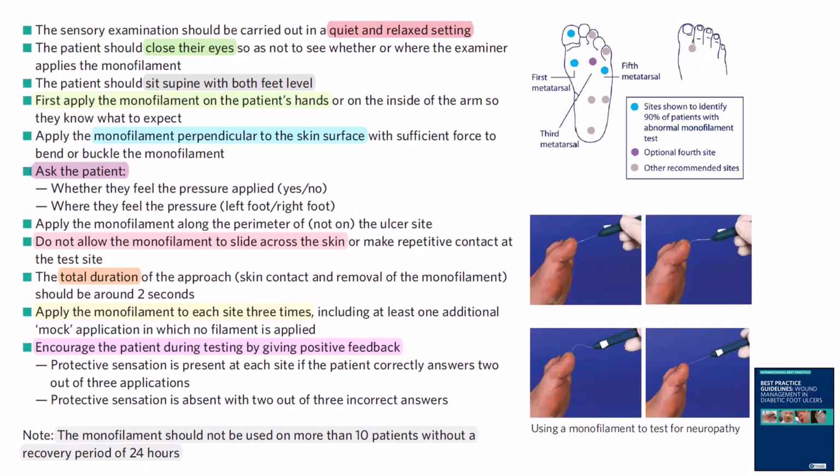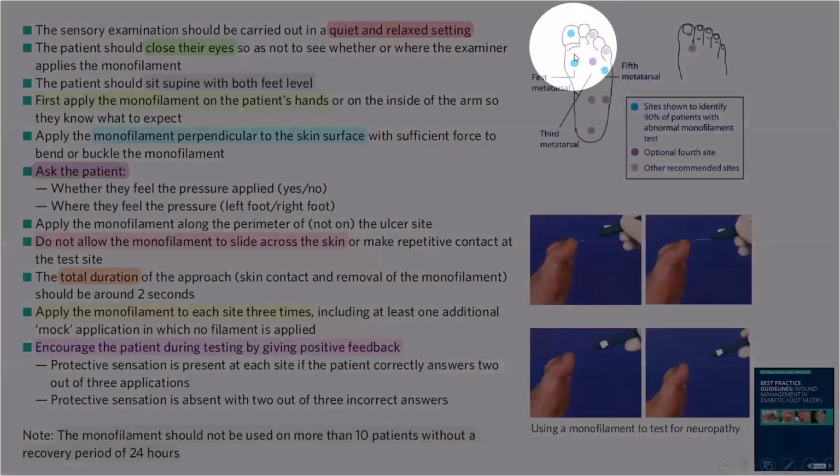We should apply the monofilament to each site 3 times, including at least 1 additional mock application. These are the sites shown to identify 90% of patients with an abnormal monofilament test. This is the most important site, the blue one, and this brown site is another recommended site, and this site is an optional fourth site.